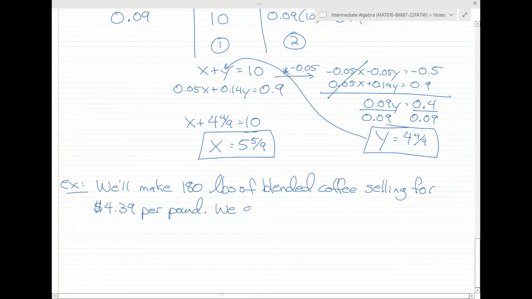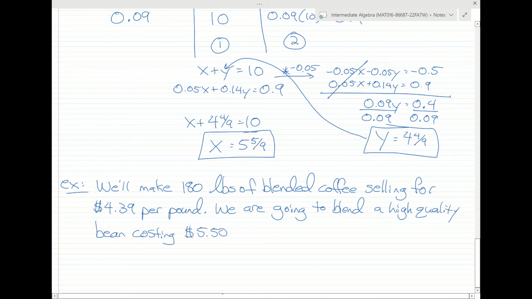We are going to blend a high quality bean costing $5.50 per pound with a lower cost bean costing $3 per pound.